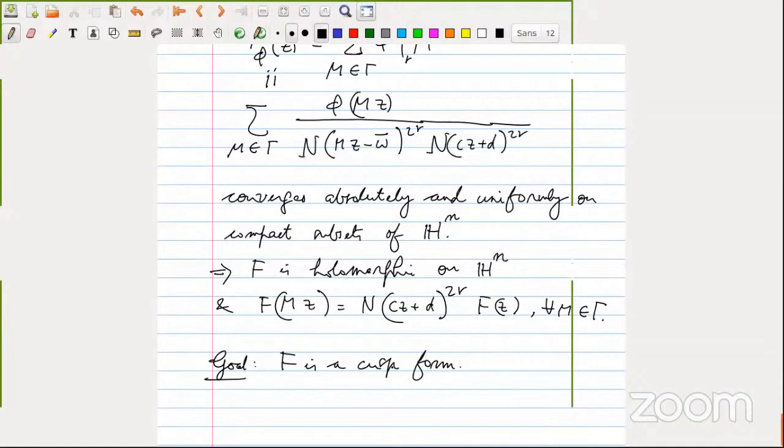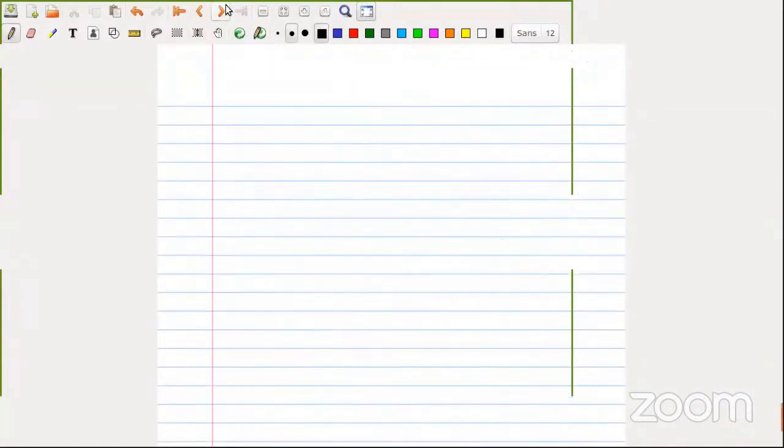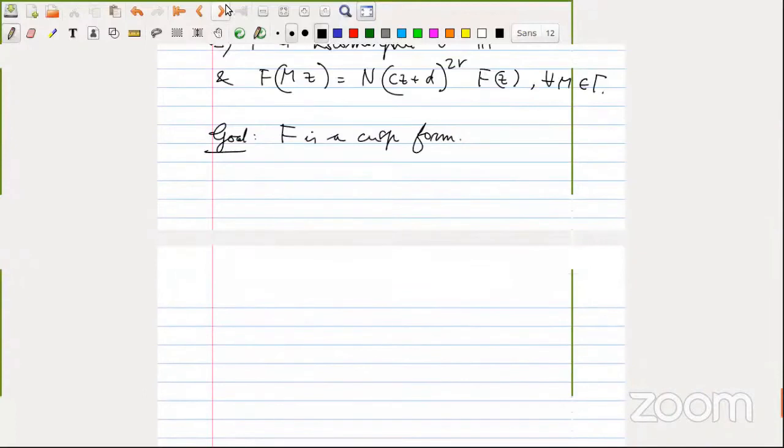Here comes the utility of the Poincare principle. It says that it's enough to look at the cusp at infinity. Then we directly compute it, and show that it has to be equal to 0. That's some analysis.